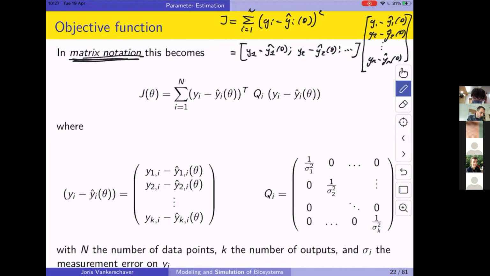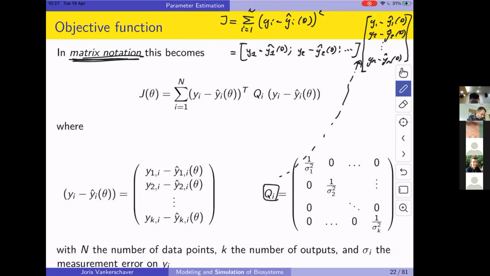And what we can also do is make this a bit more interesting by putting a matrix in between the row and the column. If I take this Q matrix and put it in between the row and the column, let me write it down below here.